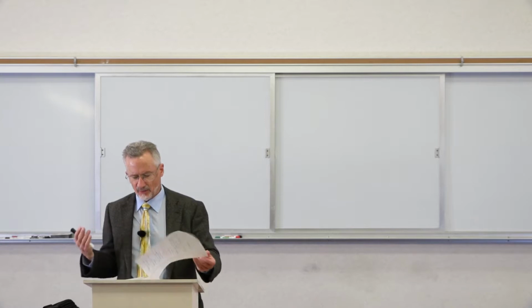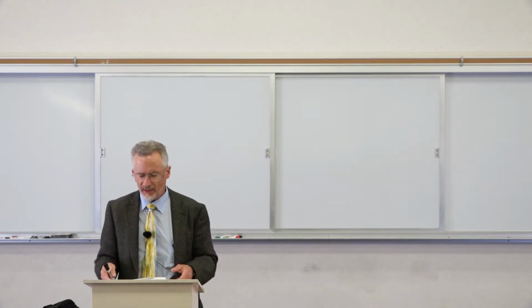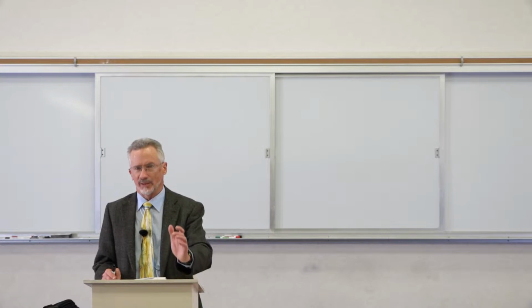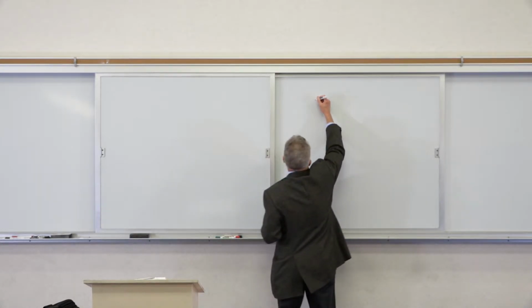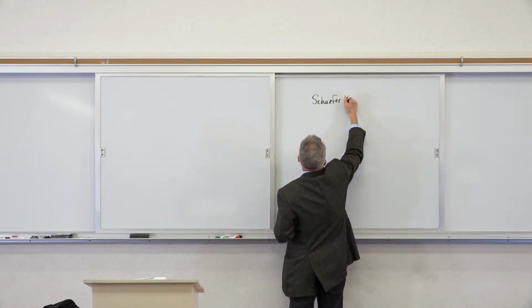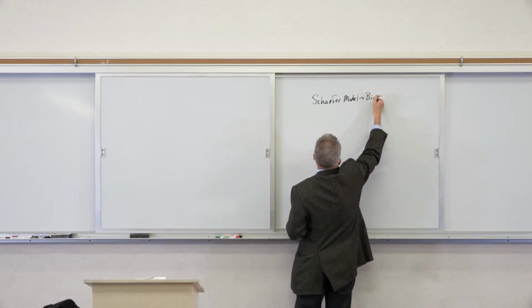This is an economic question, and so we're going to have some models. The first one is called the Schaefer model, and the second one is the Gordon or Gordon-Schaefer model. The first one is a biological model. The Schaefer model is one developed by biologists.